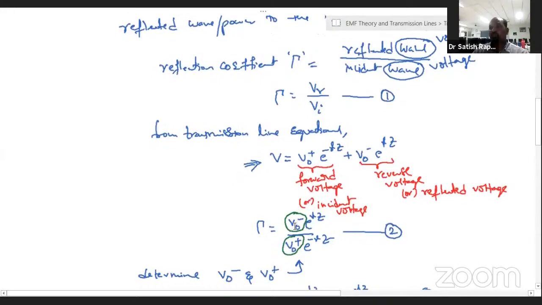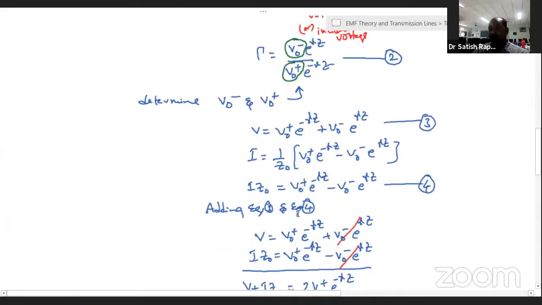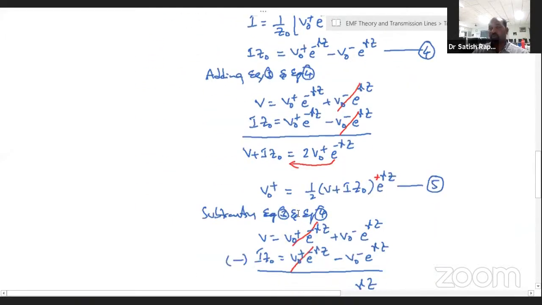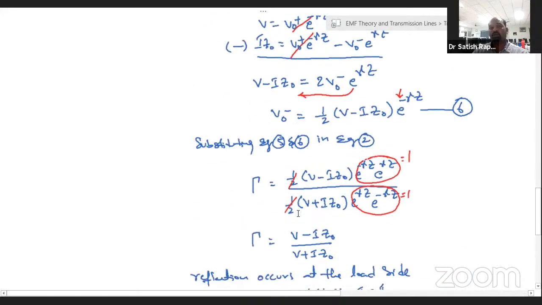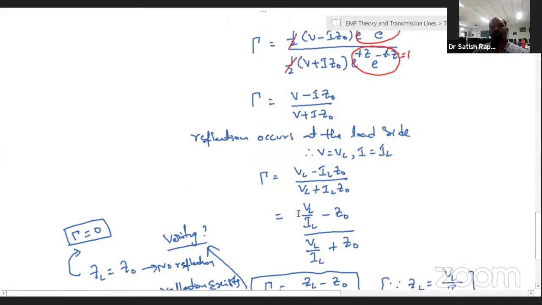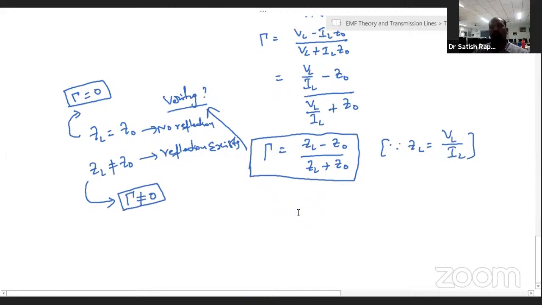From the transmission line equations, we considered the voltage equation, and from this, we determined the reflection coefficient. This is the procedure I followed in my last class. You can go through it. So this is the final expression.